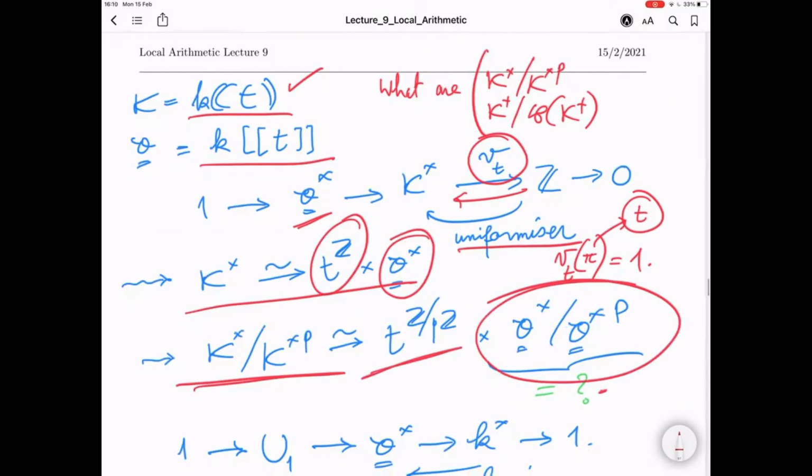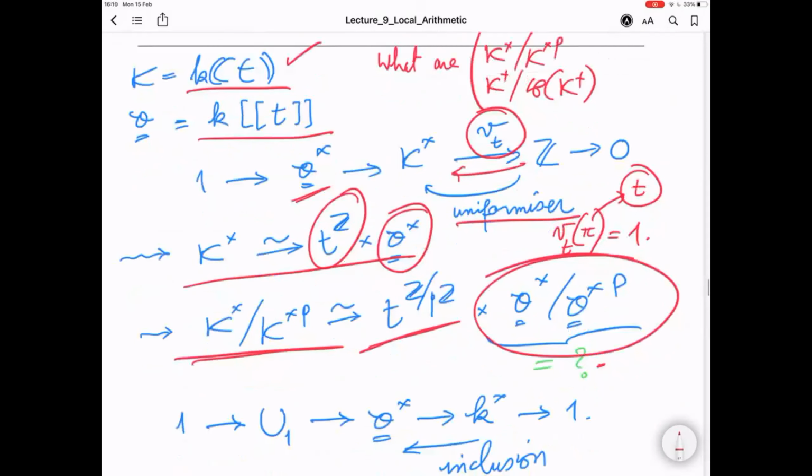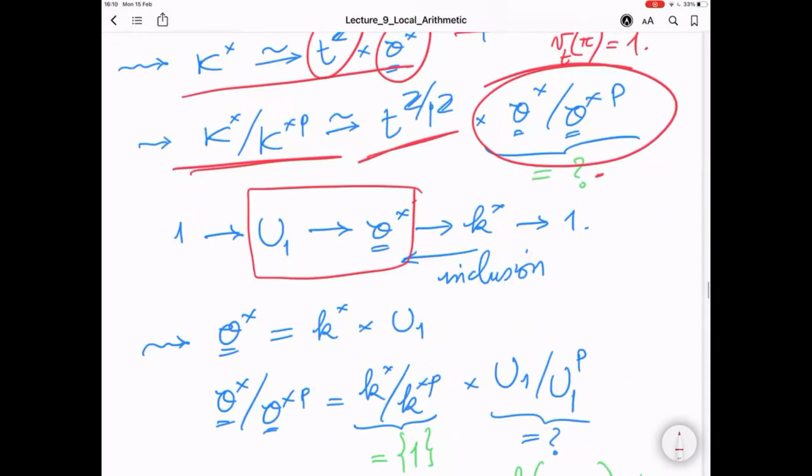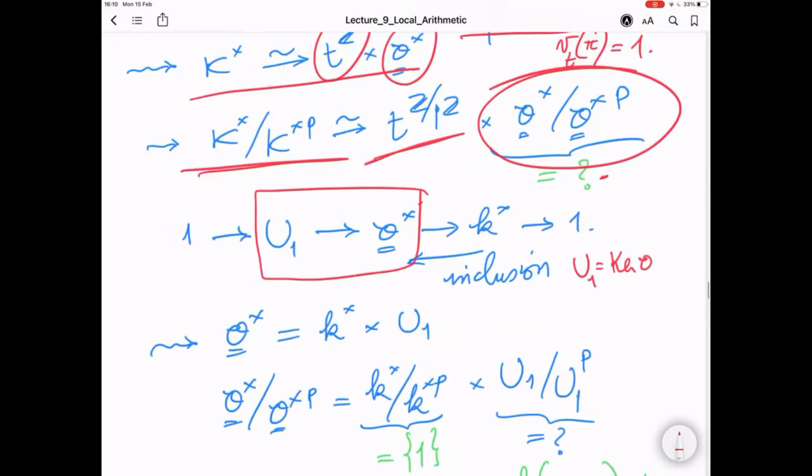Okay, so there's some further reduction. Inside of O star, we have this U1. U1 is the kernel of this map from O star to K star. That's one way of saying it.